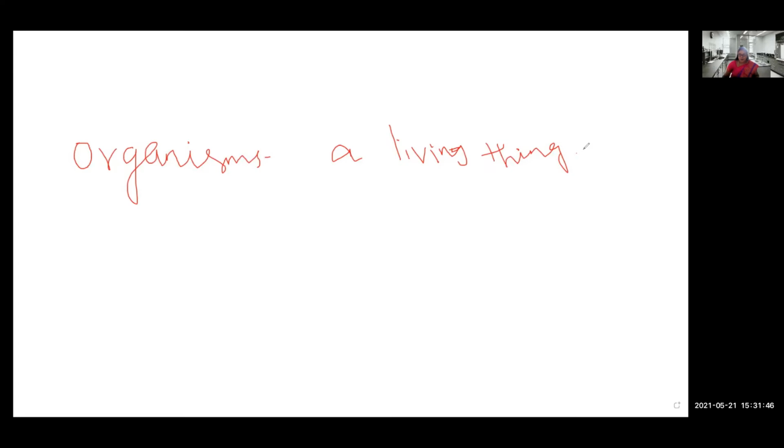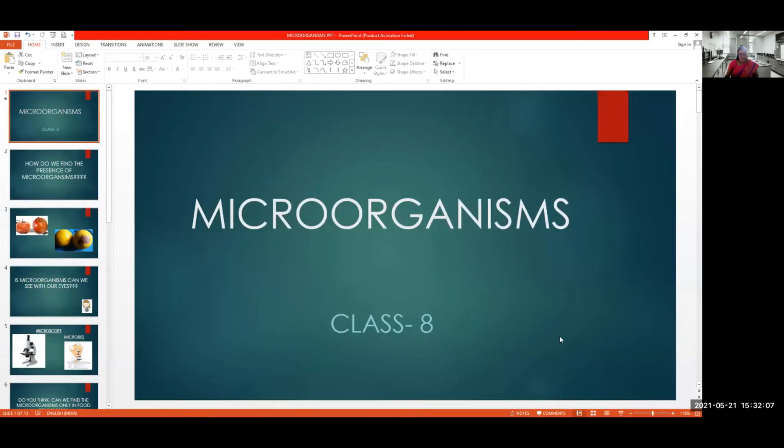If you have any doubt in even small spellings, please ask. So organisms, a living thing. Just write like this. Next, put the heading microorganisms. Put a colon and underline it, double line it.